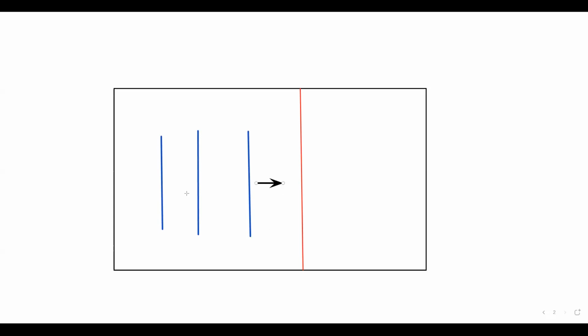Now what happens when it is moving exactly perpendicular to the surface? This is a deep region, and here is a shallow region. So this whole wavefront will enter the shallow region. When it is moving directly, the whole wavefront will enter the shallow region. As a result, what will happen?